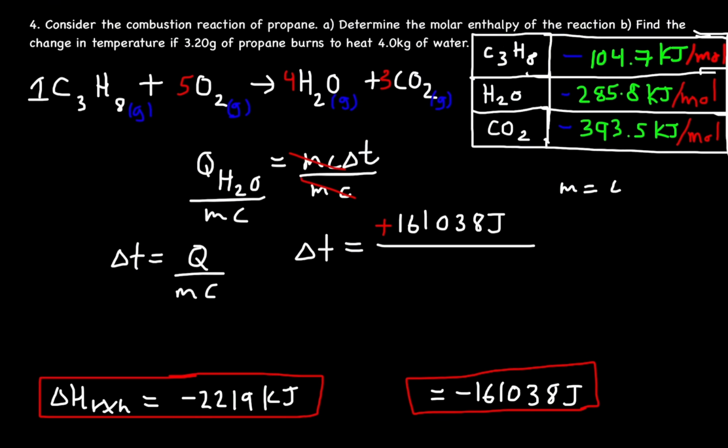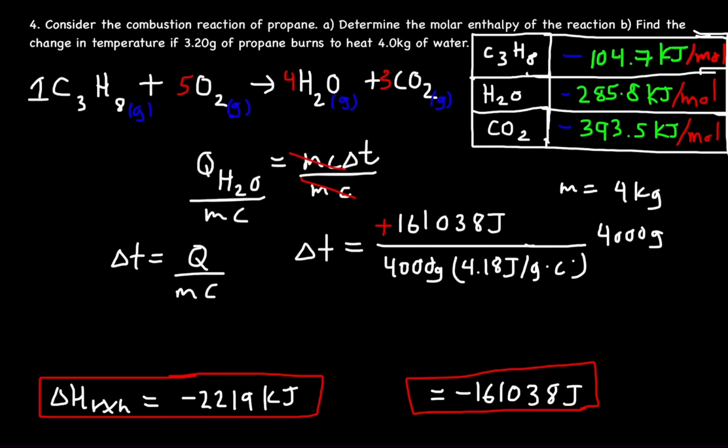We know that the mass is 4 kilograms, so we need to convert into grams because we use grams for the formula. 4 times 1000 is just 4000 grams. So 4000 grams times the heat capacity of water, which is 4.18 joules per gram times Celsius.